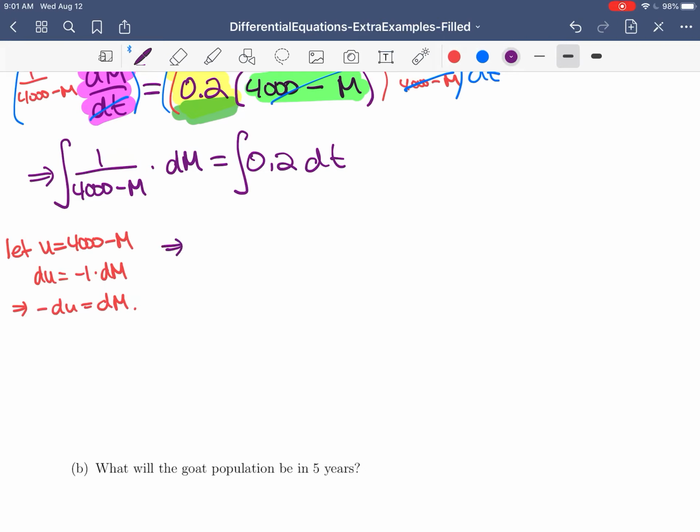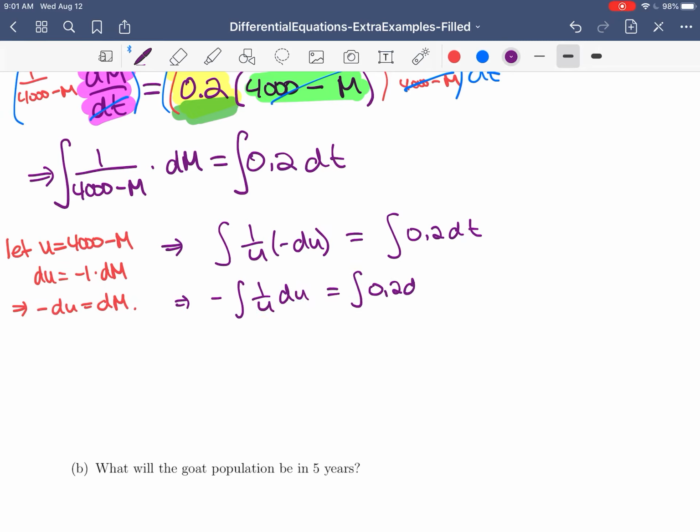So that means that this integral is going to become 1 over u times negative du. The negative can come out front, and then I get negative ln u.